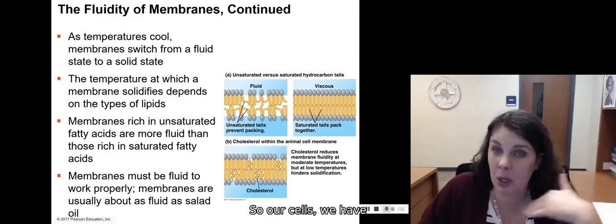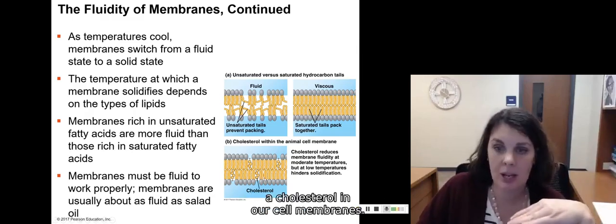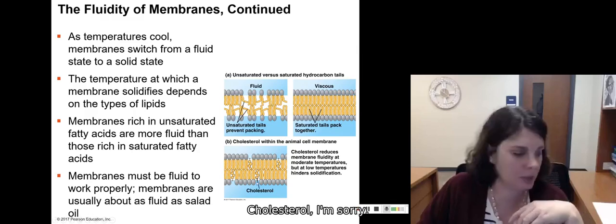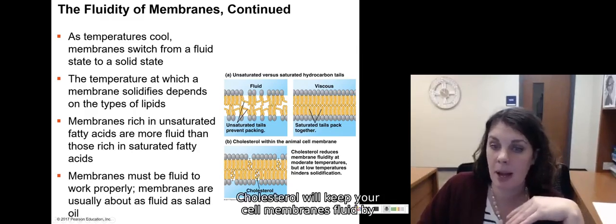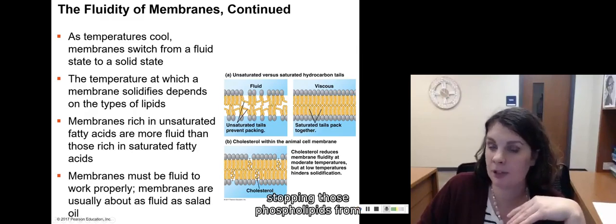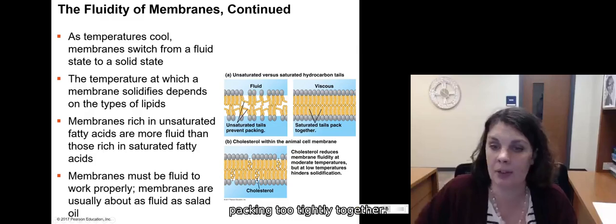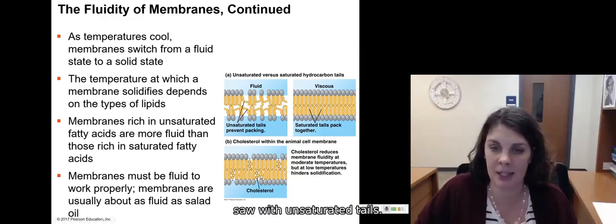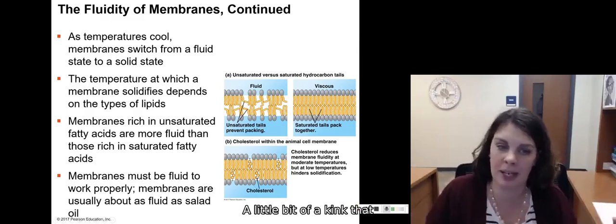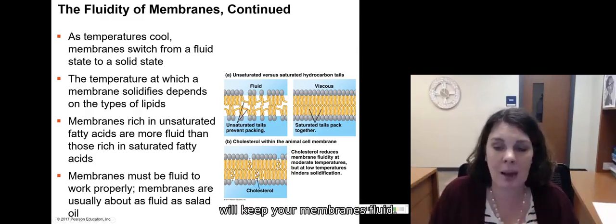Cell membranes, especially in animals, so our cells, have cholesterol in them. Cholesterol will keep your cell membranes fluid by stopping those phospholipids from packing too tightly together. So it just does the same thing as what we saw with unsaturated tails. It just gives a little bit of a kink.